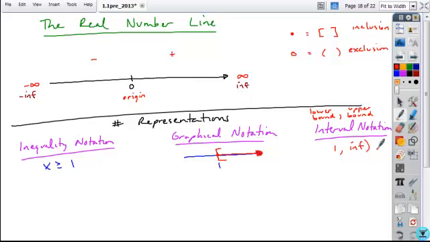So there's always going to be a parentheses at any infinity that you put in an interval notation. Now, what about the 1? Is the 1 included in the set or excluded? Has the equal to, so it's included, so you'll use a bracket. So this is the interval notation for this set of numbers. All right, anytime you have an infinity in the interval notation, it's called an unbounded interval.